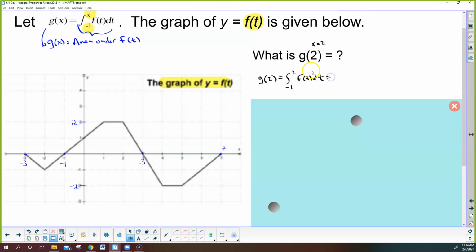And they're just asking me to find what is the area underneath the curve from -1 to 2. So where's -1? Right here. Where's 2? Right here. This area underneath this curve represents g of 2.